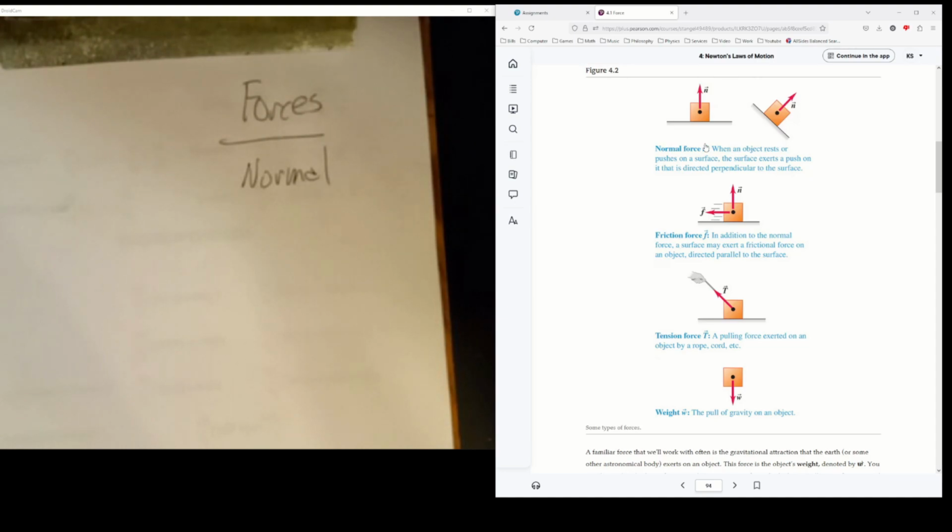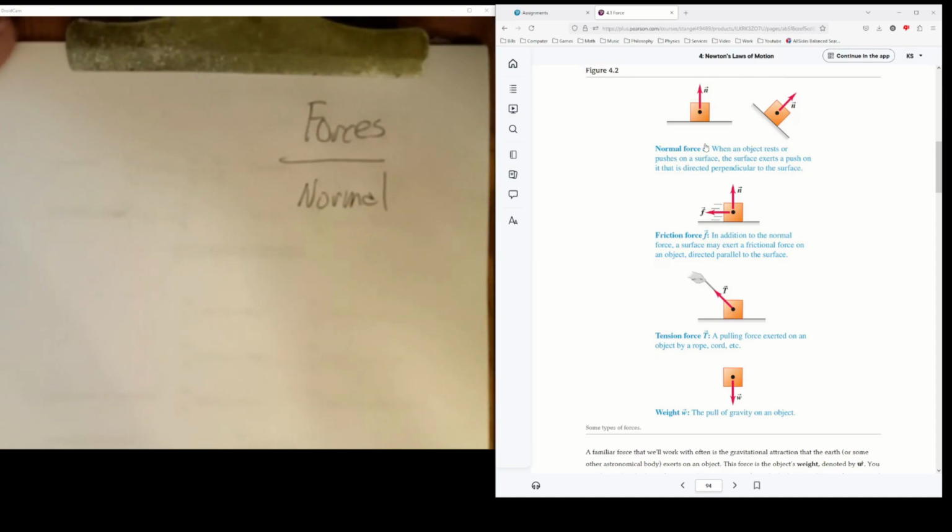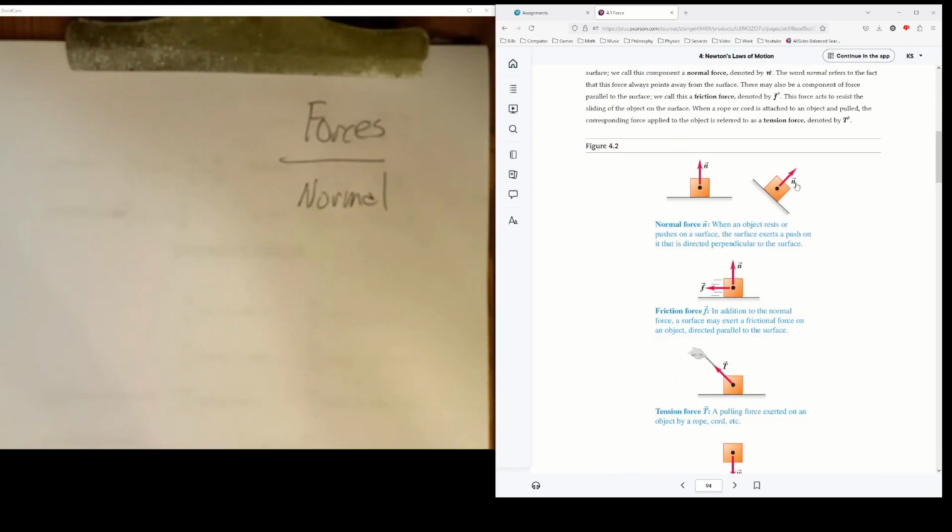It's what keeps objects from falling through material. When you drive your car, the normal force from the ground supports your car. You don't fall through the earth. When you sit in your car on the seat, you don't fall through the seat because all the material of the seat supports you. That gives you a normal force. Also notice the picture in the book, they do have a block on an angle.